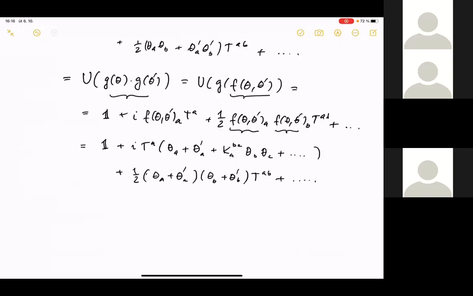So in the end, we get 1 plus I TA times theta A plus theta prime A, plus terms which are quadratic in theta: 1/2 theta A theta B TAB, plus a similar term which is quadratic in theta prime A theta prime B TAB, plus mixed terms.